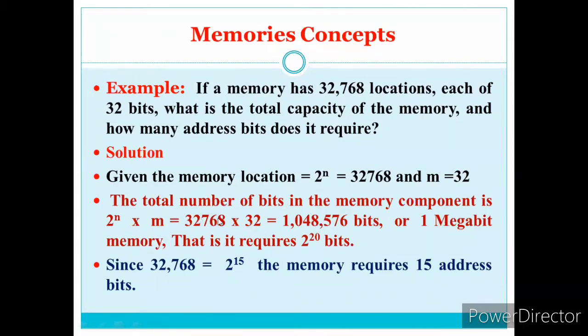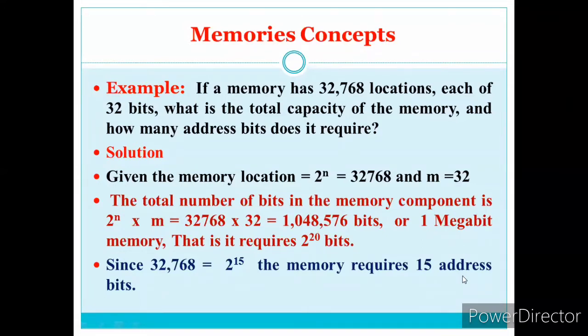That requires 2 raised to 20 bits for representing 1 megabit. Now for the available memory locations, 32,768 is nothing but 2 raised to 15. So the memory requires 15 address bits.